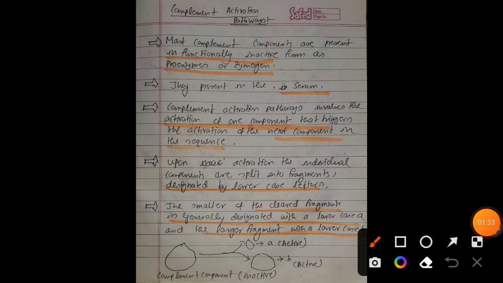They are mainly activated by various proteolytic enzymes. Initially they remain in the inactive form, and these inactive forms are known as proenzyme or zymogen.